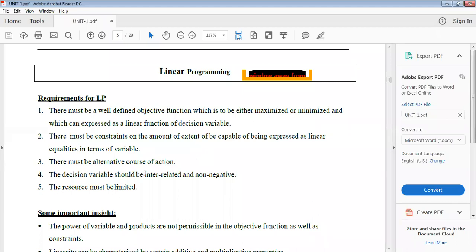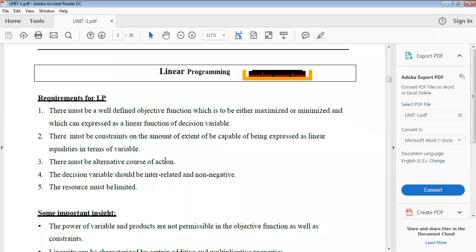Next, the decision variables should be interrelated and non-negative. Always they should be positive only; there will not be anything else. The resources must be limited.